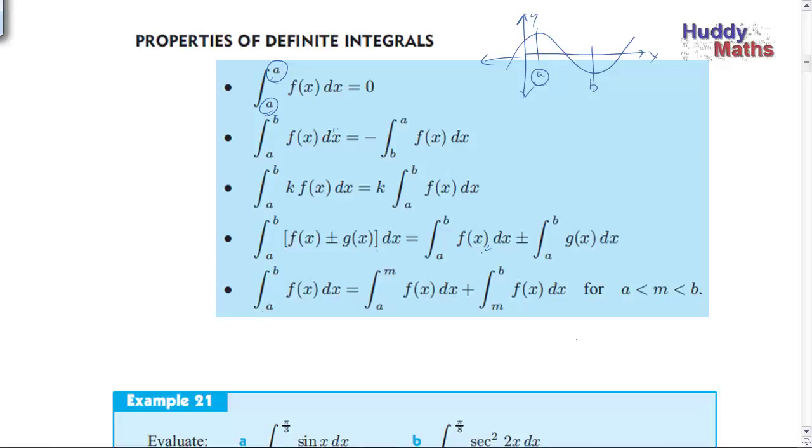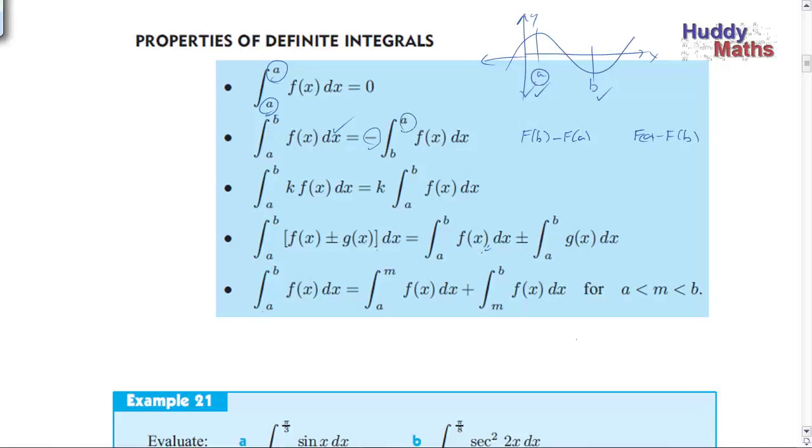The integral from a to b, that's going from lower to higher, will be the negative of b to a. Have a look at that: a to b, the first one is f of b, take f of a, and the other one is f of a, take f of b, isn't it?